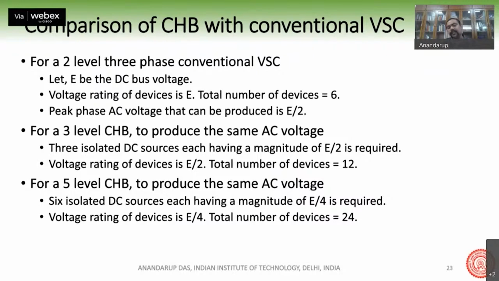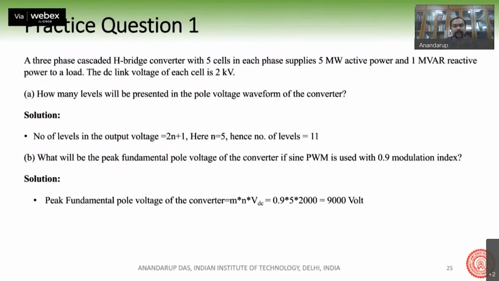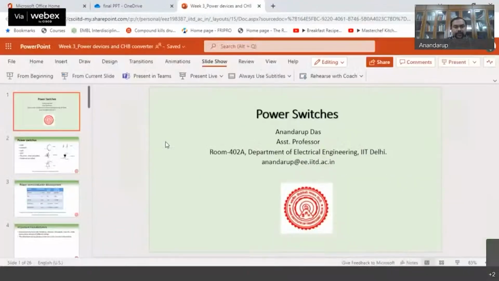Instead of series connection, we can use this kind of multi-level converters to get higher magnitude of voltages. Asymmetry is also possible, but asymmetrical multi-level converters generally are not very much recommended because you lose the modularity. You have to have different sets of devices. Okay, so this was one of the things that we covered.